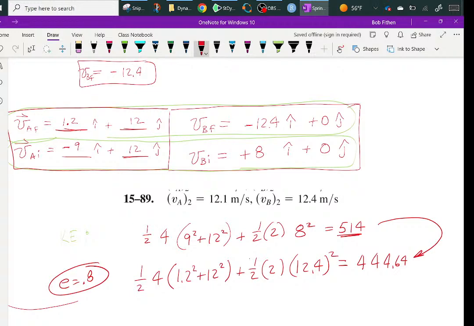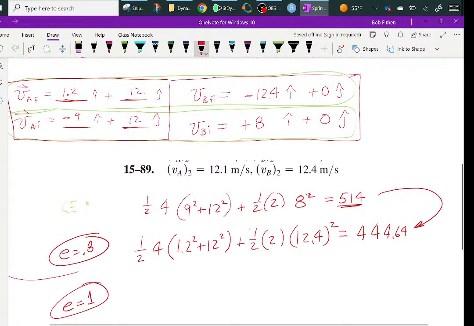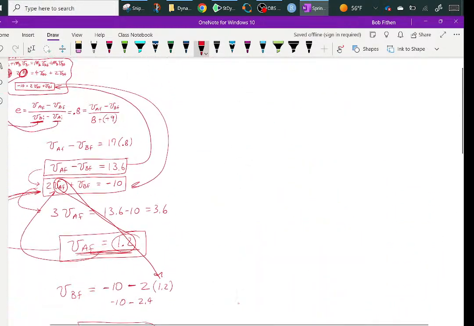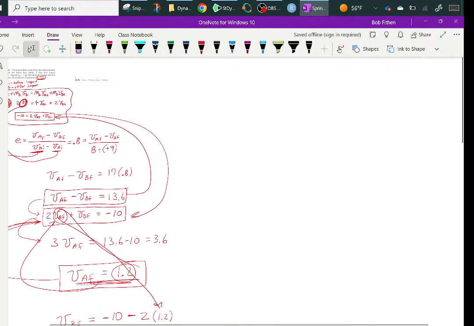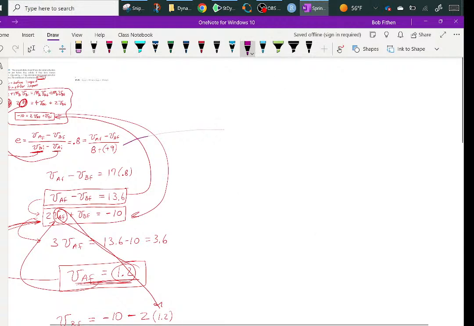So now what I'm going to do is I'm going to say, what happens if E was equal to 1? And so what I've got to do is I got to go up here and let's see, I'll use a purple pen. So I go over here, and I need it to be as thick as I can get it. I'll go over here and I'll copy that, but instead of a 0.8, I'll put a 1.